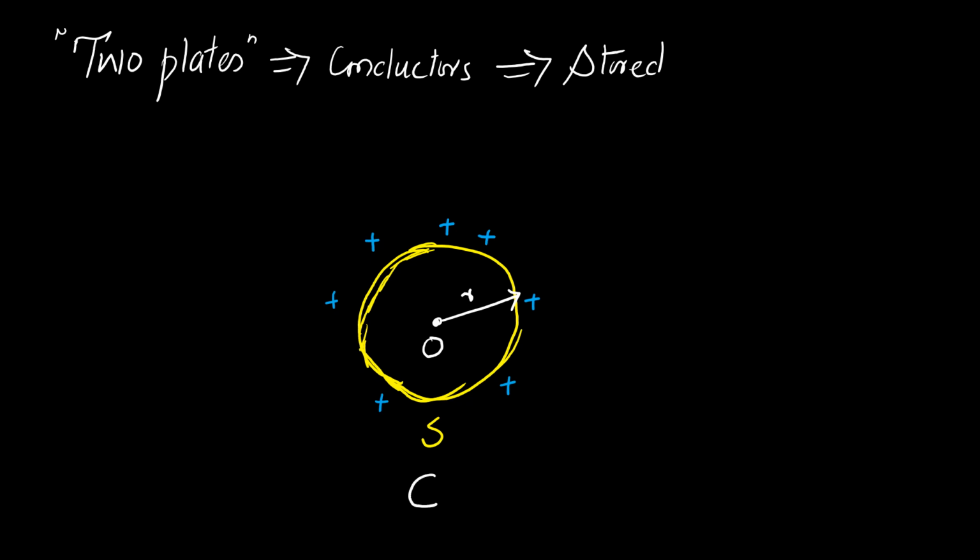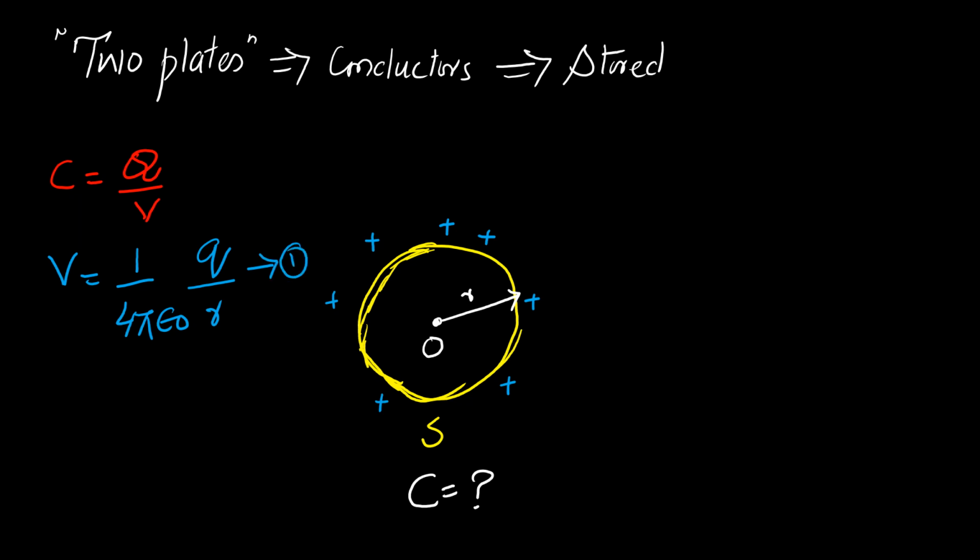So now let us calculate the capacitance of this spherical surface. Since you know that capacitance C is equal to charge stored divided by potential difference. And as you know, according to Coulomb law, potential difference V is equal to 1 over 4 pi epsilon naught into Q divided by R. Suppose this is equation number 1.